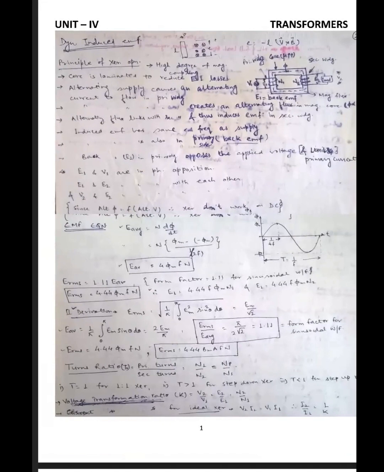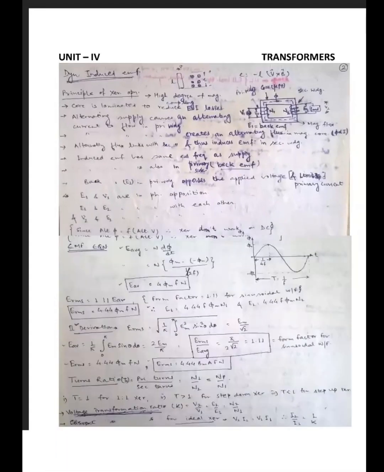This core is also made up of many thin laminations, it is not a single piece. It is made up of many laminations which are joined together by bolting. Alternating supply causes alternating current to flow in the primary winding, and since flux is directly proportional to current, alternating flux is produced and starts flowing in the core of the transformer.